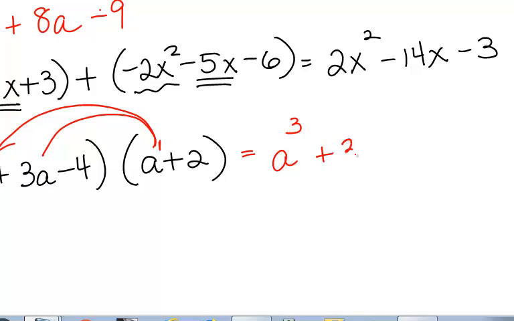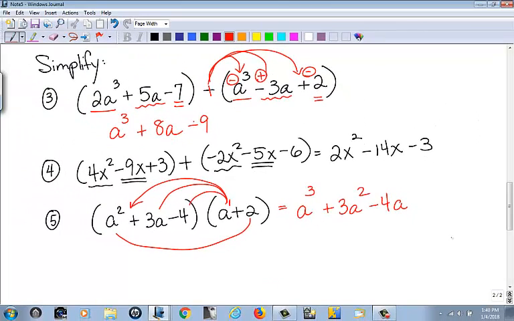And then multiply a times 3a squared minus 4a. Okay, and then multiply 2 times everything: plus 2a squared plus 6a minus 8. Now you got to simplify.